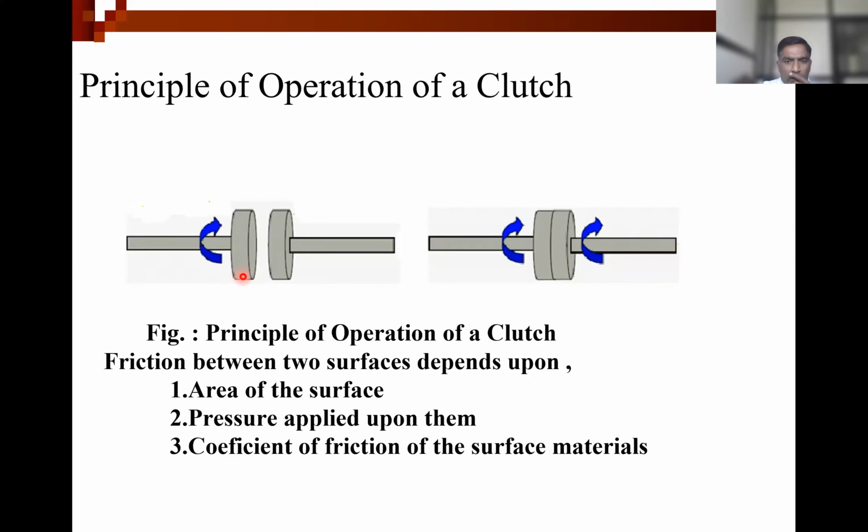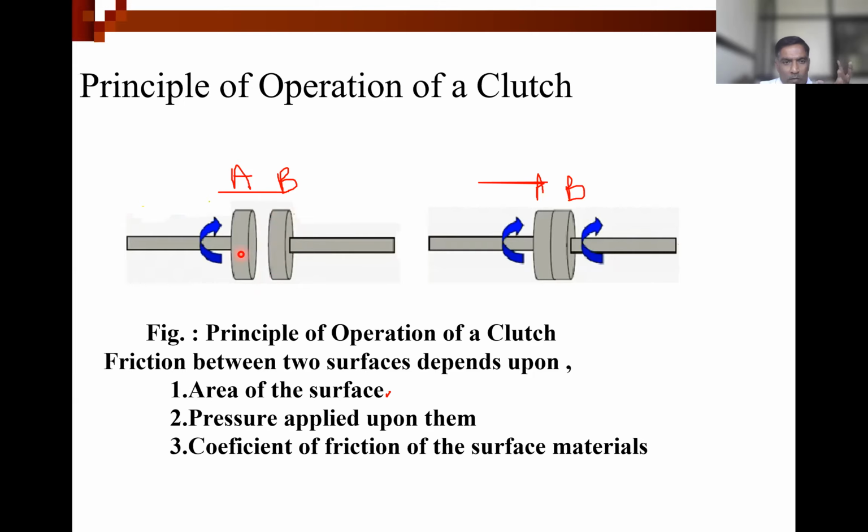So you can see, this one is the shaft on which one disc is mounted. Let us say this is A, this one is B. This A is rotating, and as the gap is there, this B is not rotating.